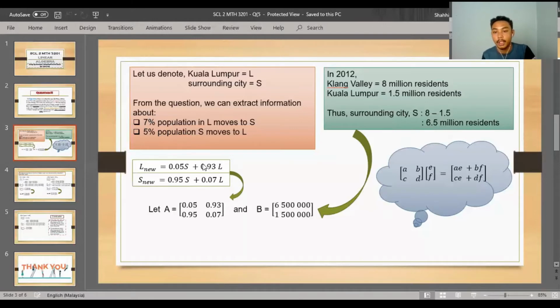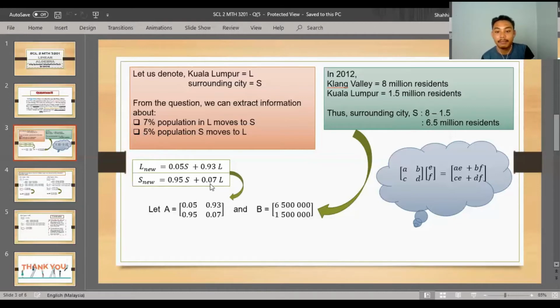So here is the equation. For the next equation, which is the new population in the surrounding cities, we can see from the information that 95% of the population in the surrounding cities will stay there, which means they won't move. With the same concept, we just need to minus 100 with 5, we will get 95%, which is the percentage of the population in surrounding cities that will stay.